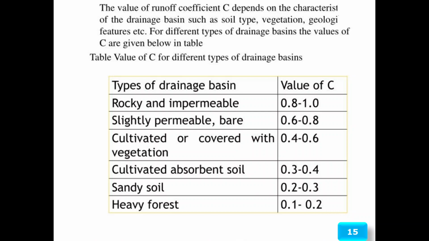The value of runoff coefficient C depends on the characteristics of the drainage basin such as soil type, vegetation, geological features, etc. For different types of drainage basins, the values of C are given in the table: rocky and impermeable 0.8 to 1.0, slightly permeable bare 0.6 to 0.8, cultivated or covered with vegetation 0.4 to 0.6, cultivated absorbent soil 0.3 to 0.4, sandy soil 0.2 to 0.3, heavy forest 0.1 to 0.2.